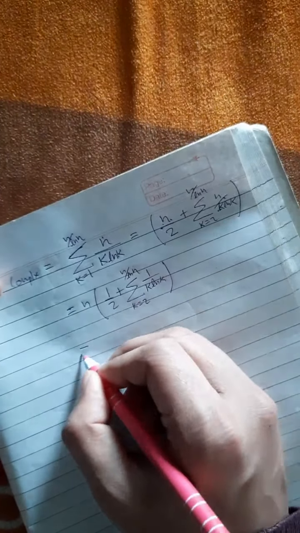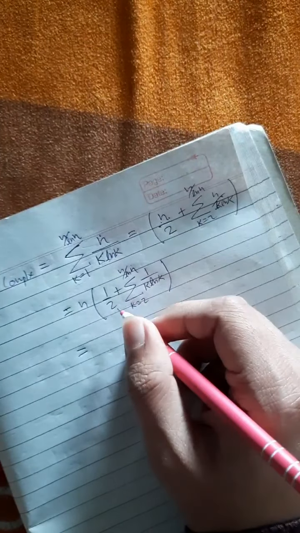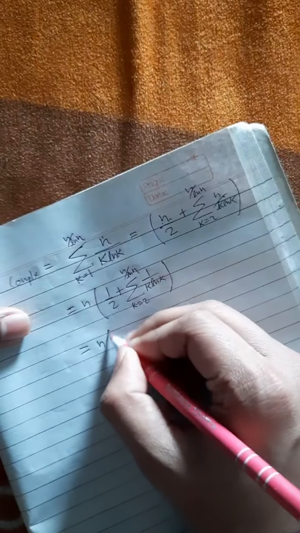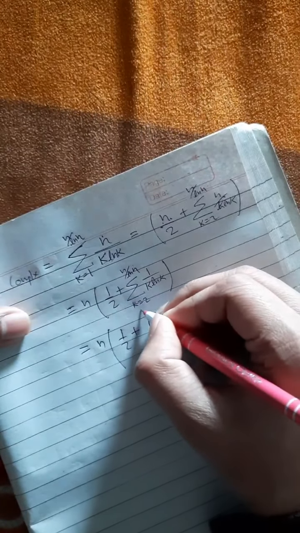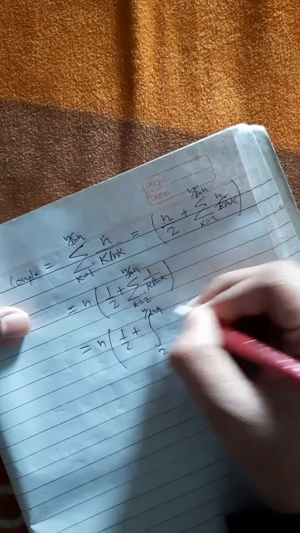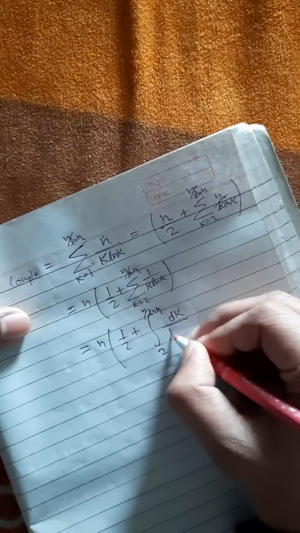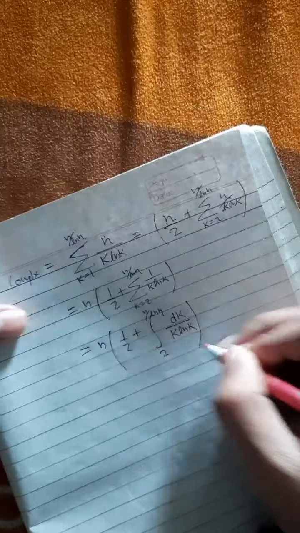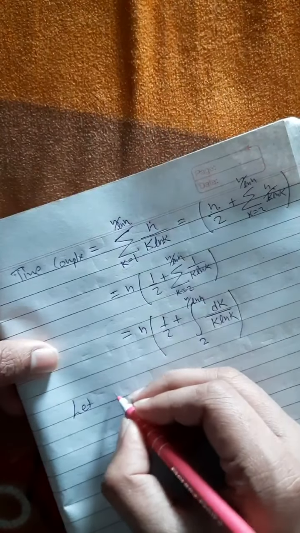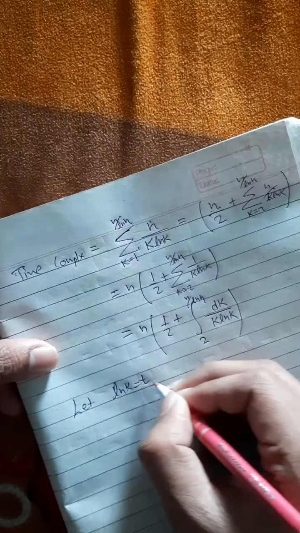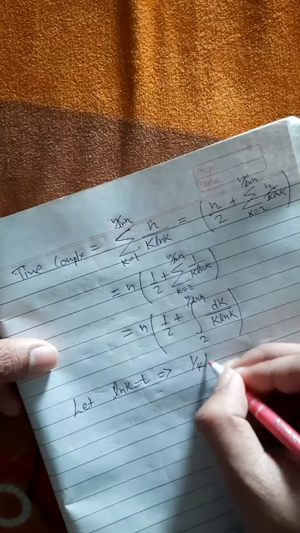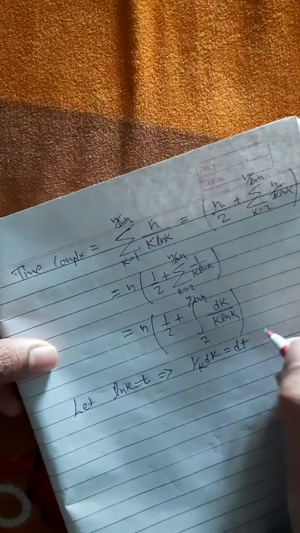All right. So there is a large number of possibilities for very large n. So we can convert this summation into integration, and it will go from 2 to n by ln n, and it will be dk by k ln k. Now let ln k equal t. This implies 1 by k dk is dt.